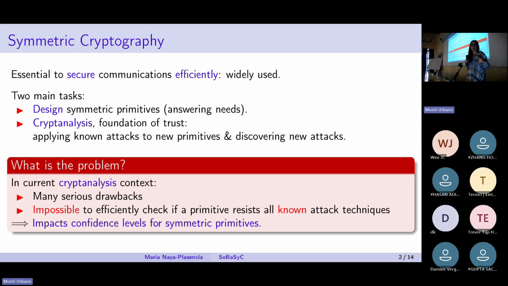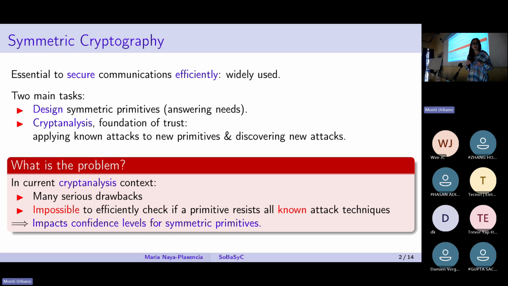They do this by trying to apply all the known attacks on these new primitives or by trying to discover new attacks. The more a primitive is cryptanalyzed without finding any problem, the more trust we can have in it. And if we cannot break it, then this modus operandi allows us to define a security margin. How far is the primitive from getting broken? And so that's very nice.